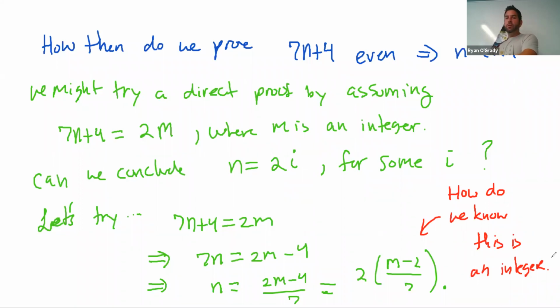We realized it was really easy to show things if n had a property and 7n plus 4 had a property. So instead of trying to prove the reverse directly, why don't we prove the reverse using the contrapositive, because then that proof will be nearly identical to the one we just did.